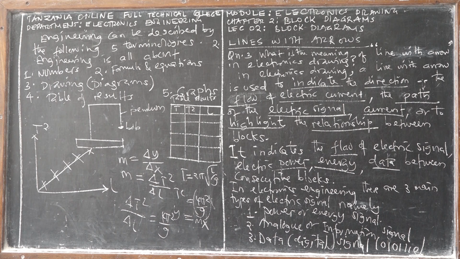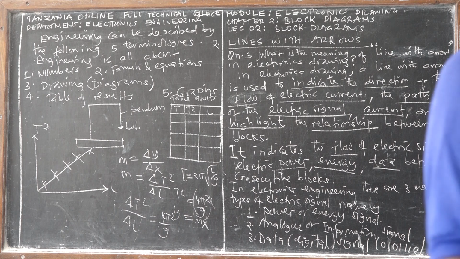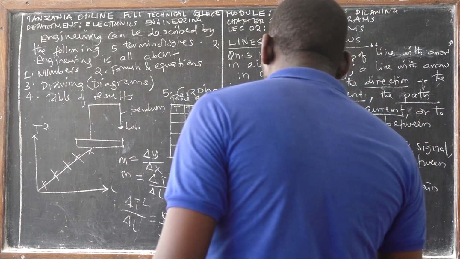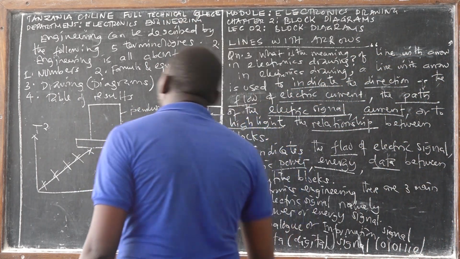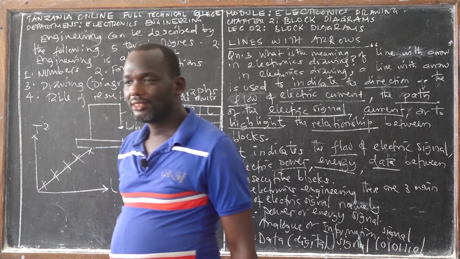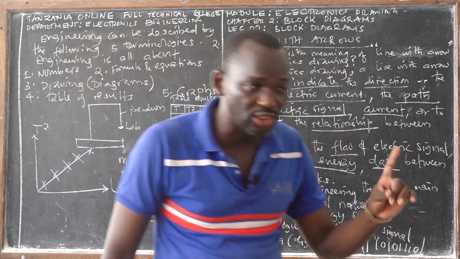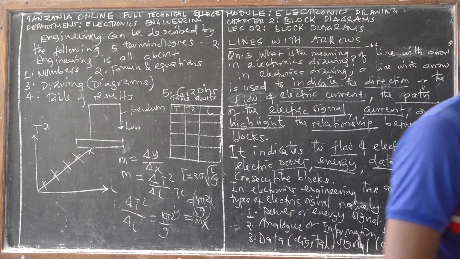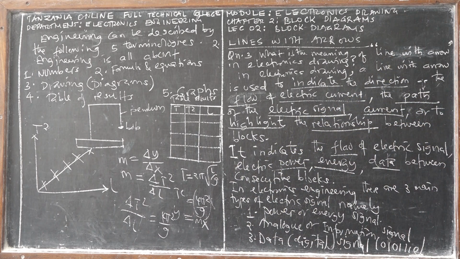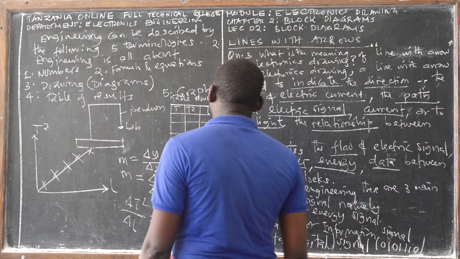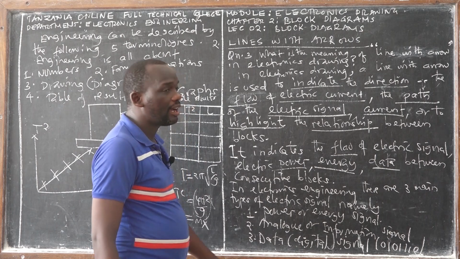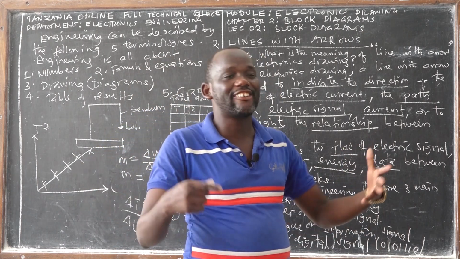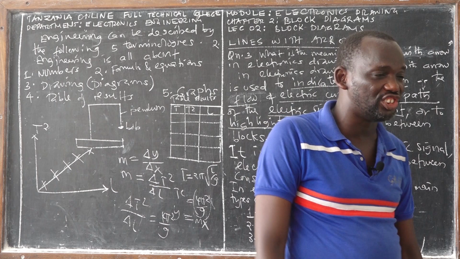Ask your neighbor, do you have a graph pad for electronics and telecommunication engineering? If the answer is yes or no, then ask the second question: my neighbor, have you ever drawn any graph in electronics and telecommunication engineering?